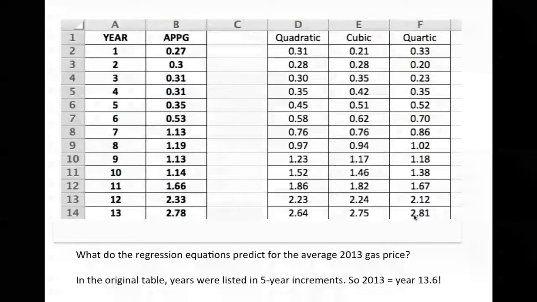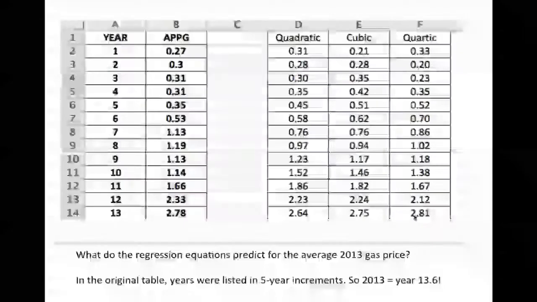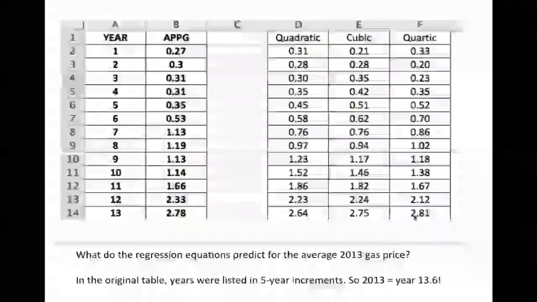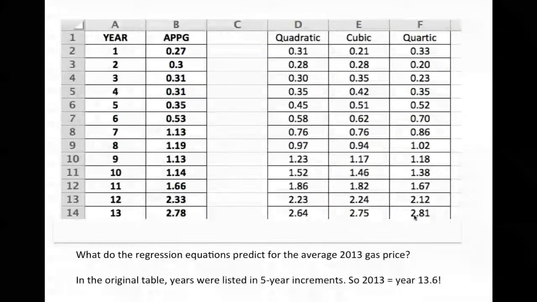But how do we predict the average price for 2013? Now, we've got to be careful here, and this is something students need to recognize when interpreting charts. The years went up in increments of 5. So if I had said that 2013 was year 14, I'd be mistaken, because year 14 is 2015, and we have no data on 2015.